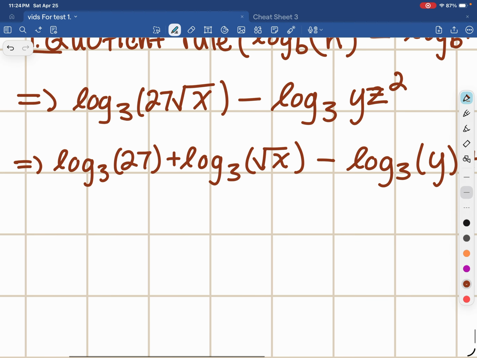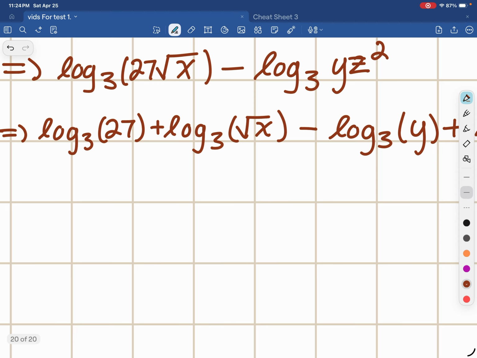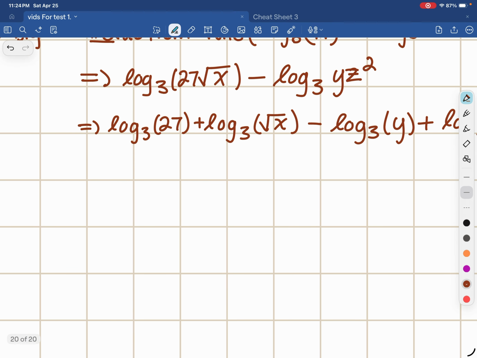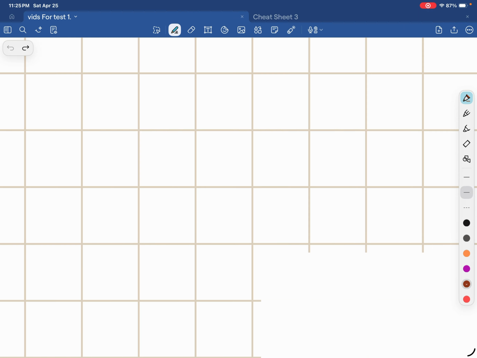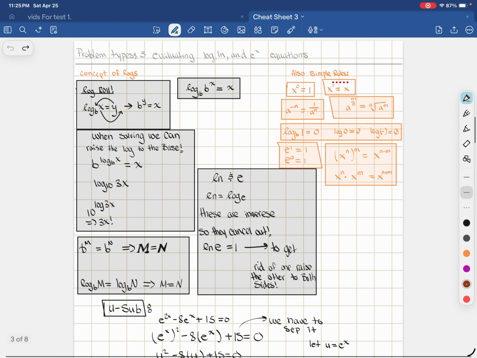Another thing that we know that we can do is to write a root as a power, and we'll elaborate more on these in writing. We can write this as x raised to the power 1 over 2. And we'll write the rule for that, and I believe I have that on my cheat sheet as well.